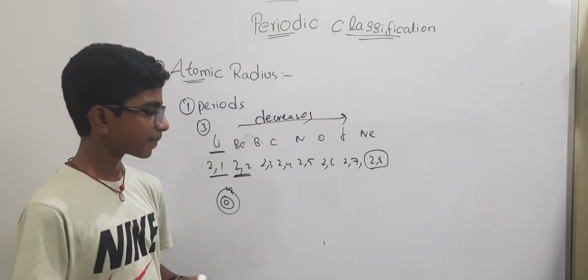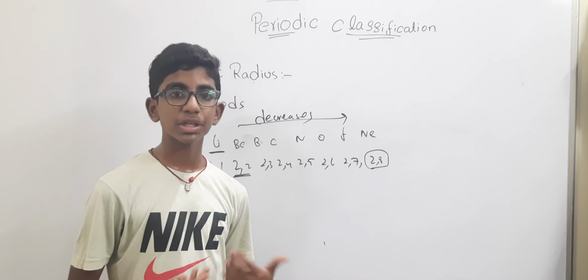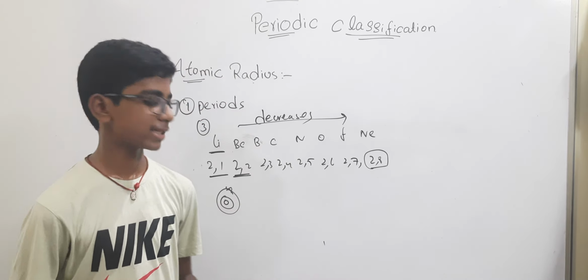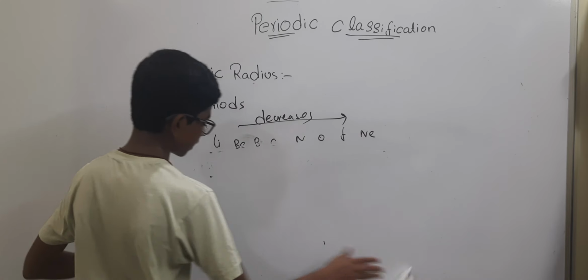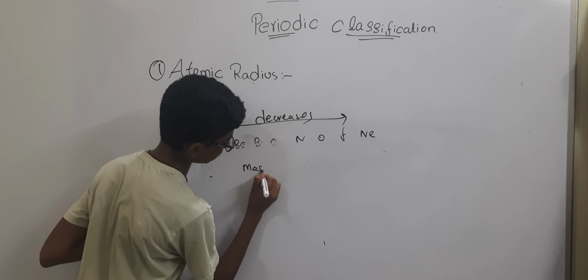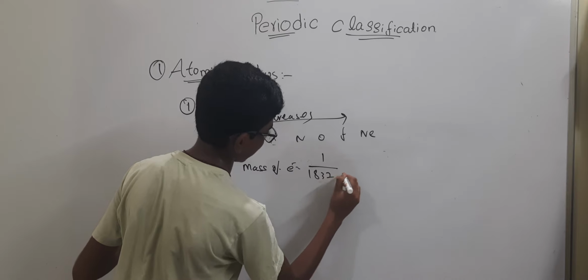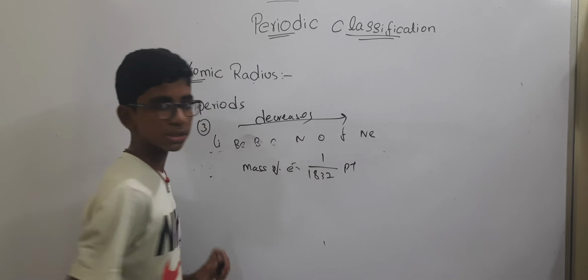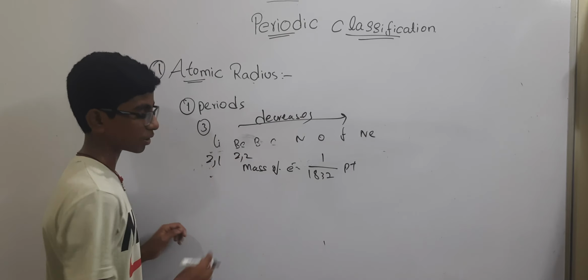You may have a doubt: the number of electrons in the shells is increasing, so the atomic size should also increase. Why does the atomic size decrease? Now I will give the clarification. The mass of an electron is 1/1837 times the mass of a proton.